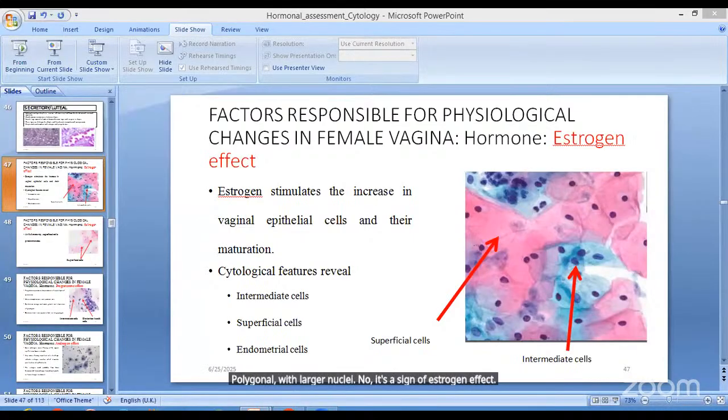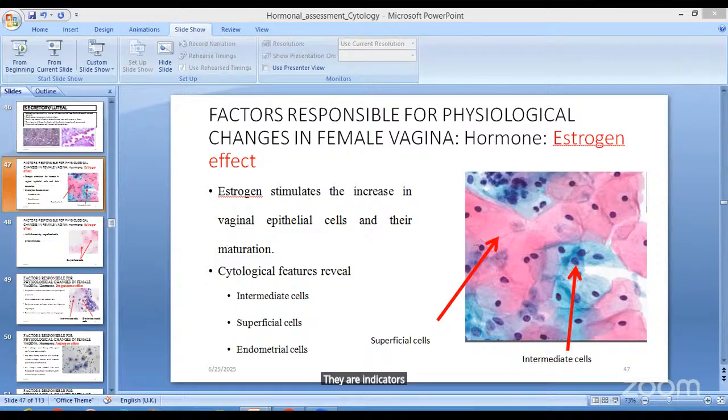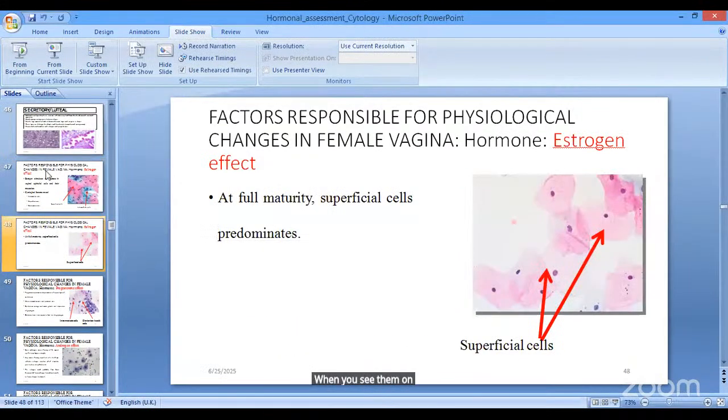Estrogen stimulates the increase in vaginal epithelium and their maturation. So cytological features include intermediate cells and superficial cells. They are indicators of estrogen effect when you see them on smears.